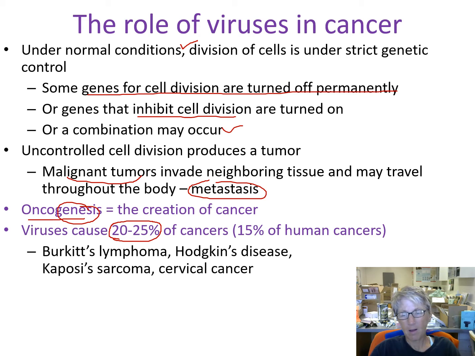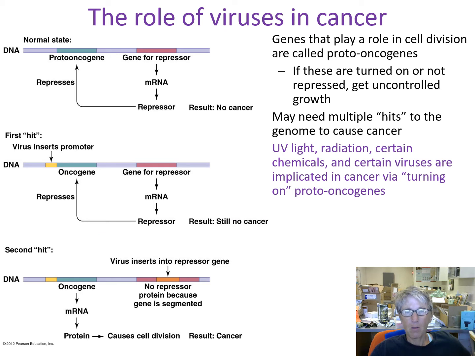And of human cancers, viruses cause about 15% of our cancers. And here are some cancers that are caused by viruses: Burkitt's lymphoma, Hodgkin's disease, Kaposi's sarcoma, and cervical cancer, all caused by viruses.